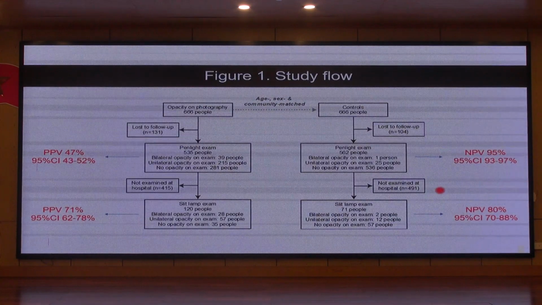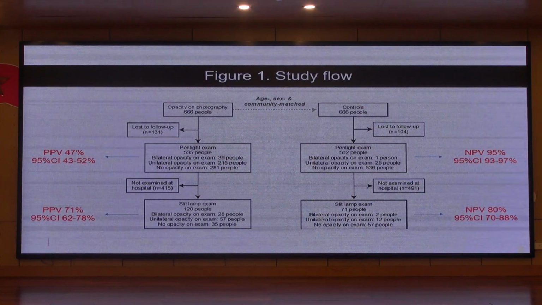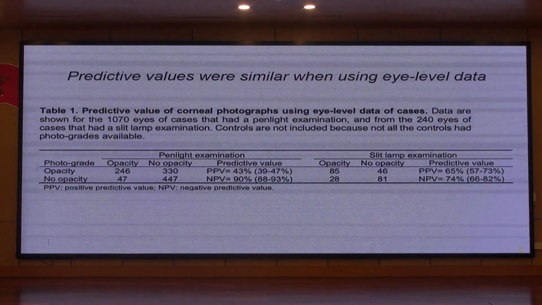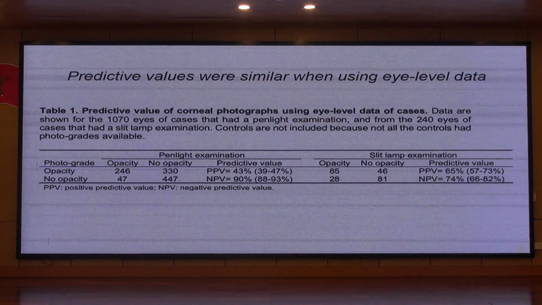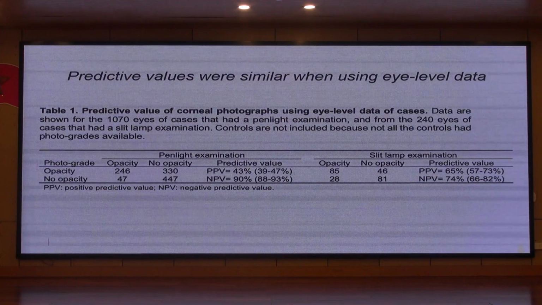Is 80%, with 95% confidence interval 70 to 88%. So those numbers above are the predicted values of corneal photographs at the participant level.